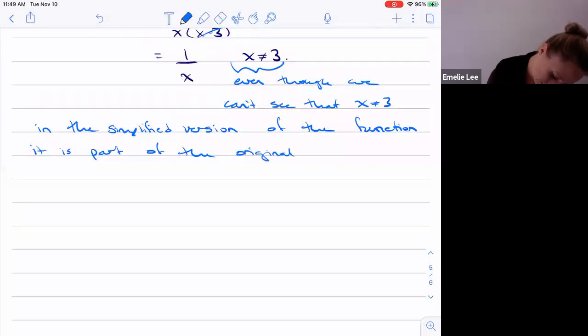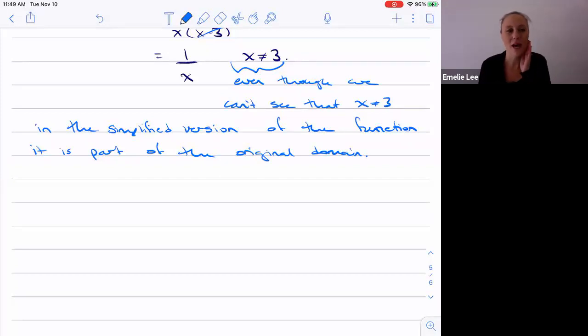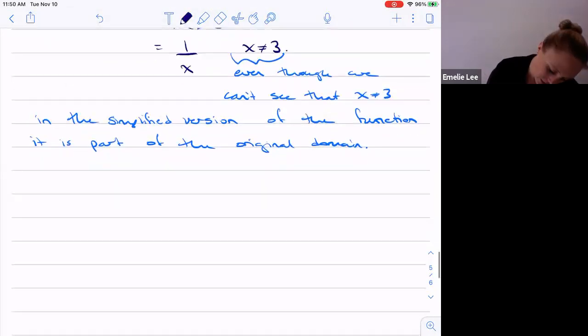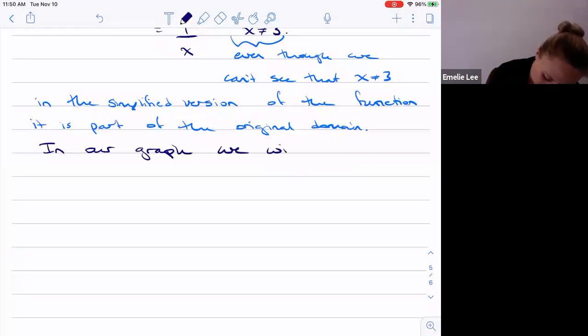So at x equals 0, we can't have x equals 0. And at x equals 3, we have a hole. So in our graph, we will have a hole at x equals 3.